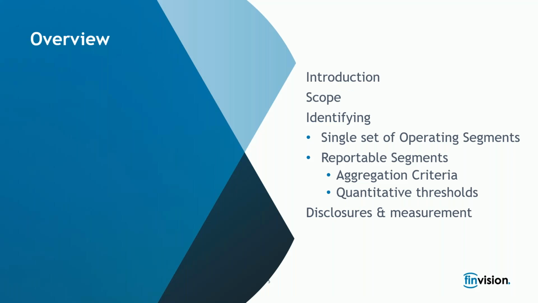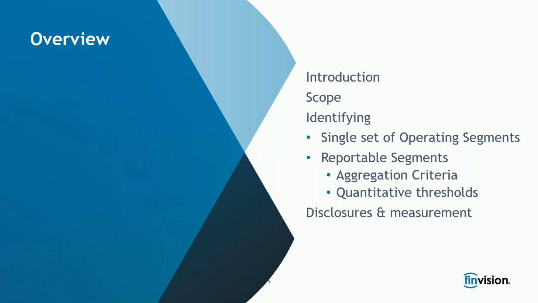So a bit of an overview of what we'll be talking about on IFRS 8. First, a small introduction, then we'll define who is in scope of IFRS 8 and operating segments. Next, we will indicate how to identify a single set of operating segments, starting from the internal management reporting.